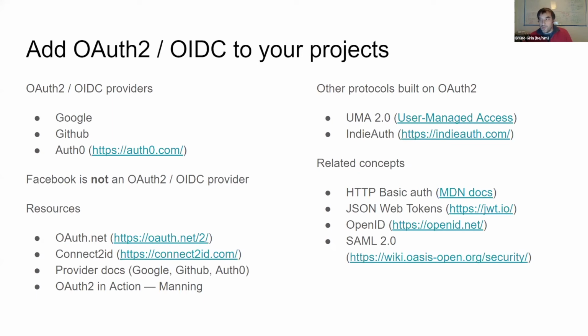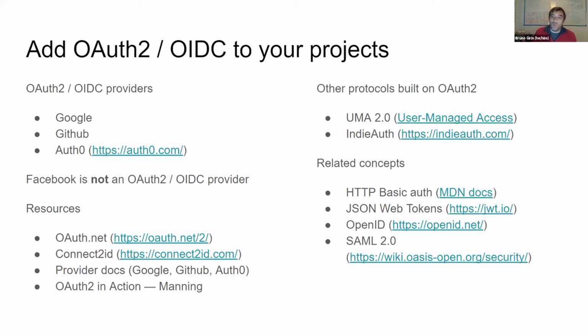And other concepts you may want to look into: the HTTP basic auth, which is used by OAuth to interact with the token endpoint in particular. The Mozilla docs are great for that. JSON Web Tokens, you will not need them initially, but that's the format used for the ID token in OpenID Connect, so it's interesting to understand.